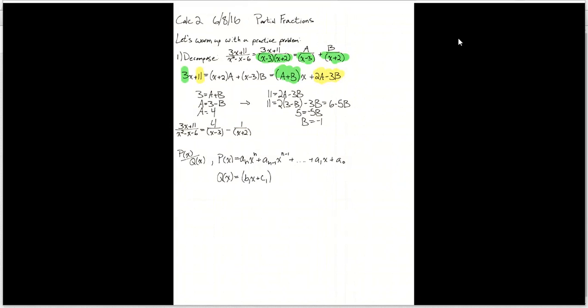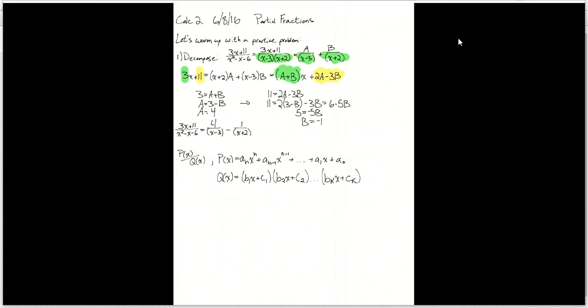The first factor here is b1 x plus c1, and then of course the next one will be b2 x plus c2, and this is going to be multiplied a few times, and then eventually we're going to have bk x plus ck.